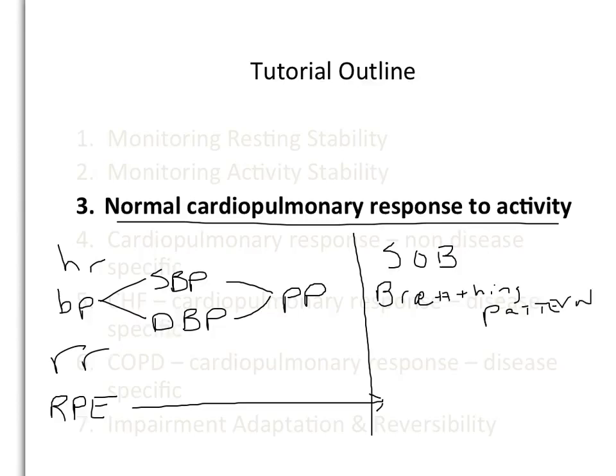Another quantifiable one would be chest wall excursion, inspiratory capacity, breathing pattern. So these are, how could I have forgotten? SpO2, quantifiable, and it does have a normal response to activity. Okay.